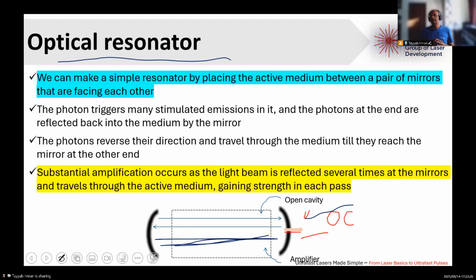And it should pass through the active medium each and every time it bounces from one side to the other, so that all the photons move in one line, added with one photon, 2, 3, 4, 5, 6, 7, 8, 9, 10, and so on.